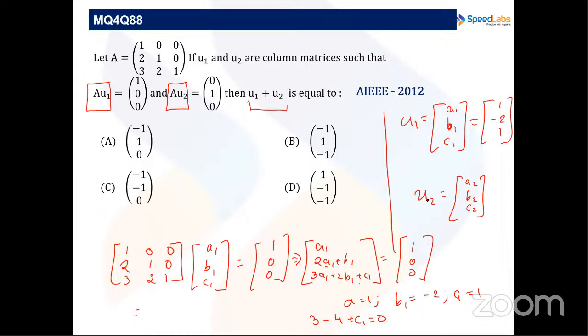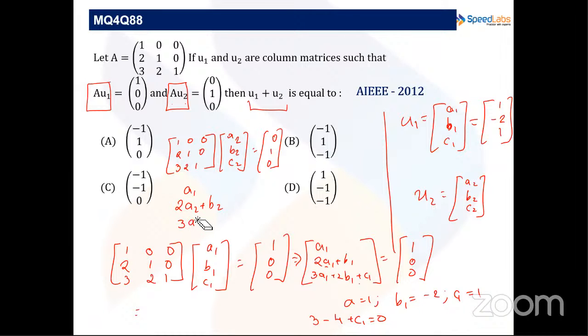For u2, it is given that A u2 is 0 1 0. So A is 1 0 0, 2 1 0 and 3 2 1, and u2 is a2 b2 c2, and this value is 0 1 0. So this is a2, 2a2 plus b2 and 3a2 plus 2b2 plus c2 is equals to 0 1 0.